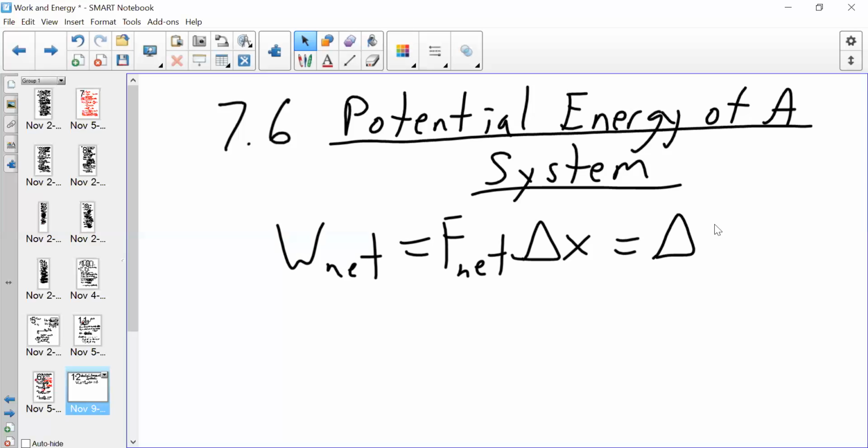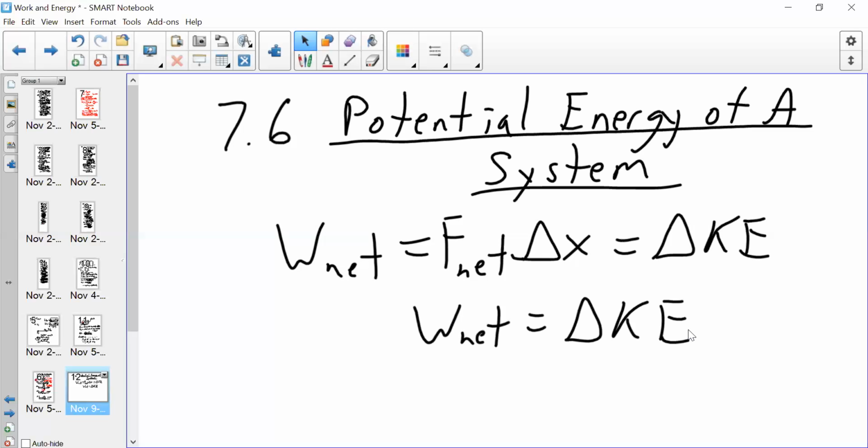So you have to have both of those together to have net work by some force. And we also derived last time that when a net force or some force does work on an object over a displacement delta x, you have changed its kinetic energy. So in essence, net work in the system is equal to change in kinetic energy, which is known as the work-energy theorem that we talked about last time.